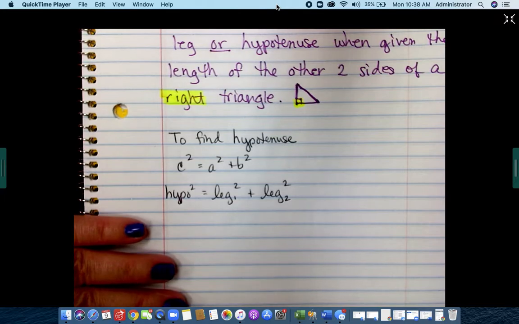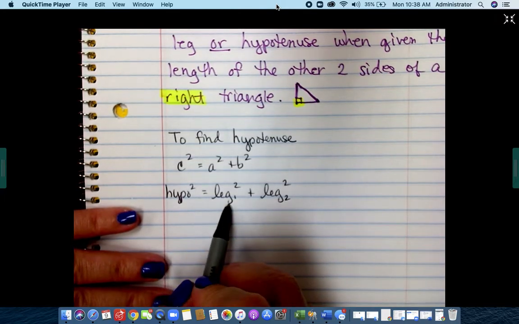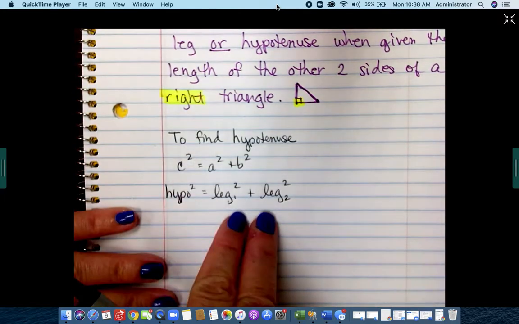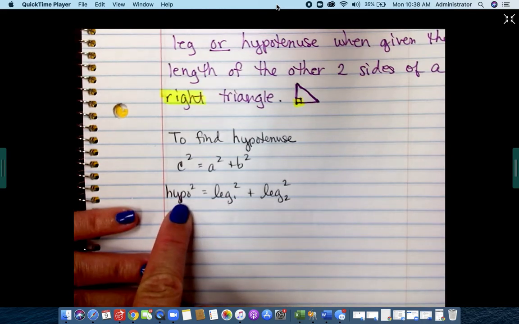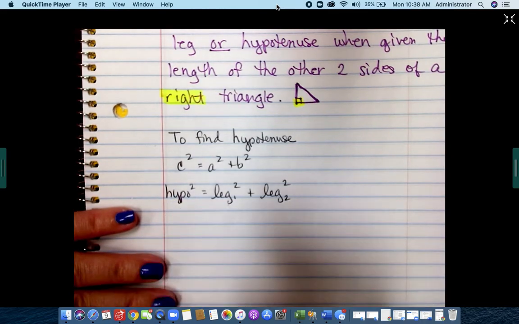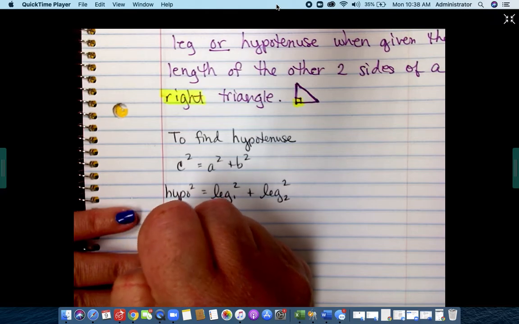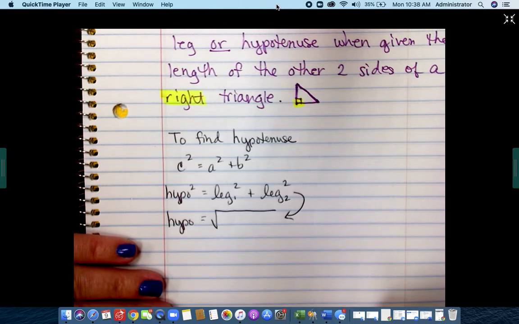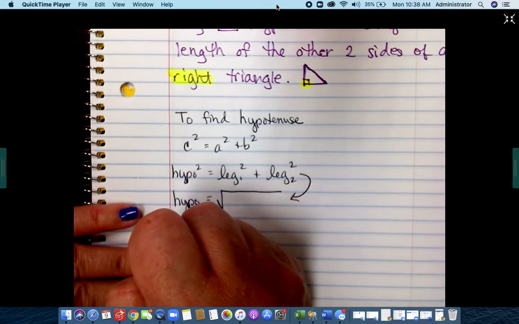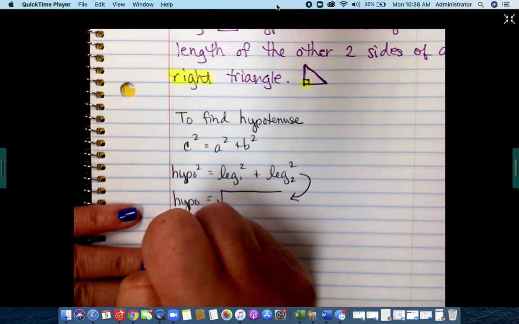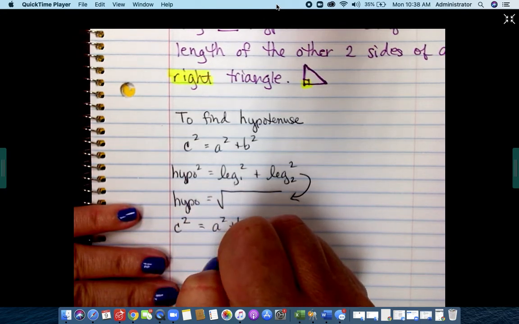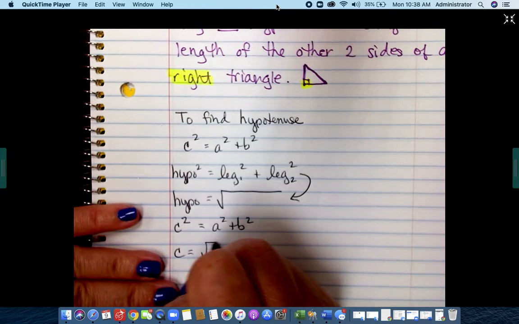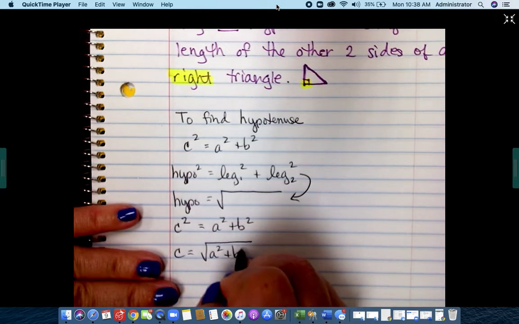So I'll say leg 1 and leg 2. When we plug our leg values into this formula to solve for the hypotenuse, we then need to take the square root. So the length of our hypotenuse will always be the square root of whatever this number is. Okay?